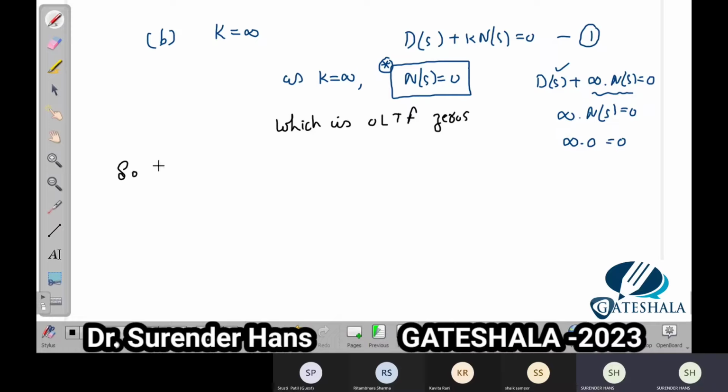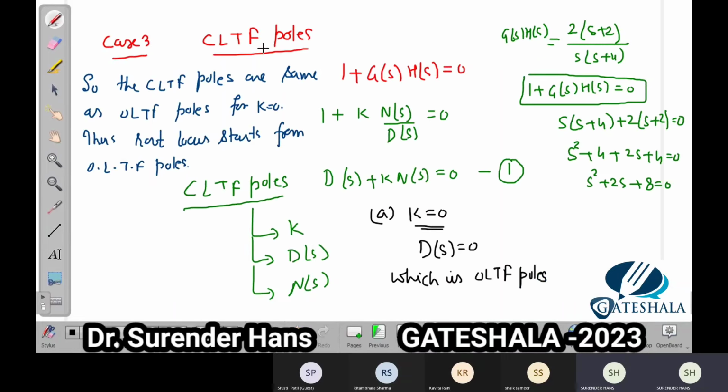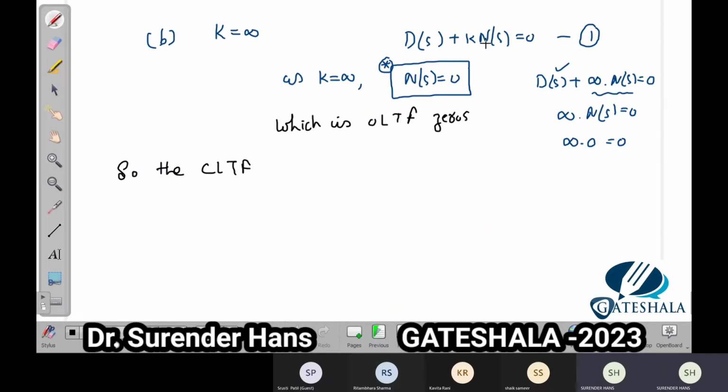The statement is, this one is the closed loop transfer function poles. So closed loop transfer function poles are the same as the open loop transfer function zeros for k is equal to infinity.